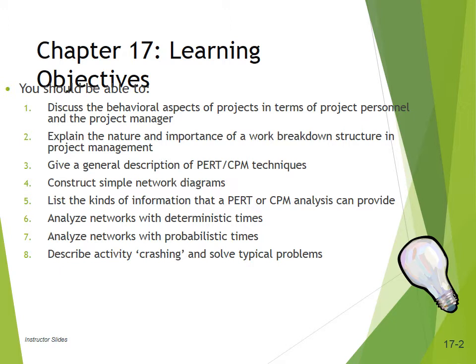The different learning objectives of this chapter, as shown here: we will look into the behavioral aspects of a project. It has both personnel and machines and material which are being employed in making a project successful.